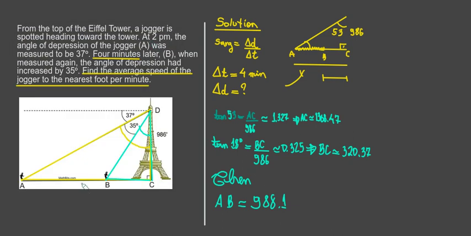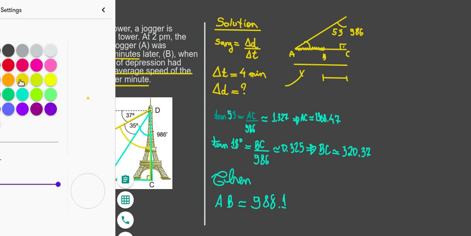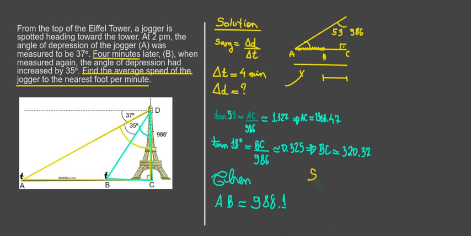Well, now that we have the value of this side, we can find our average speed, which was our goal from the very beginning. So that average speed can be computed as the displacement, which is the value of AB, the displacement of the jogger, 988.1, divided by the time elapsed, which is 4 minutes.